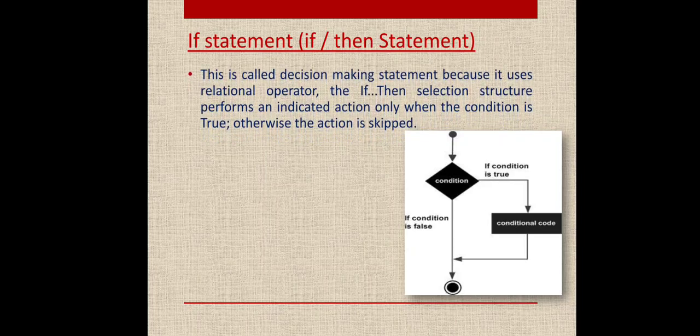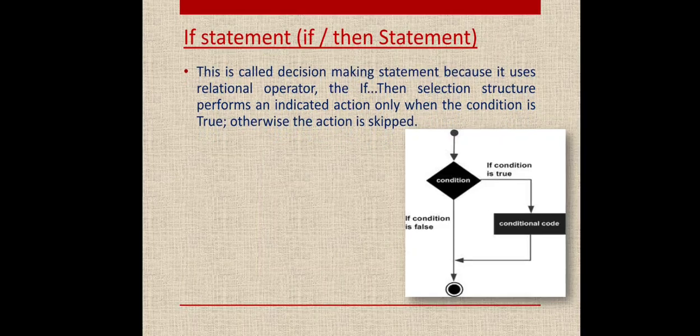This is called a decision making statement because it uses the relational operator, and it helps us in taking the decision. That is, if the condition is true, the statement will get executed. If the condition is false, the statement will not get executed.